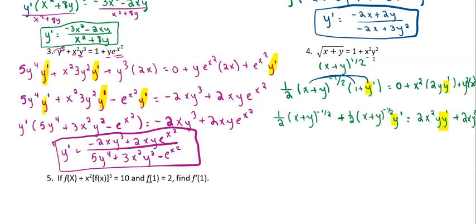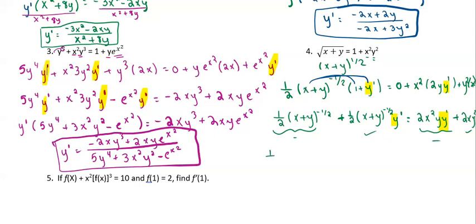So now we need to put them together. The terms that have the y prime are going to go on the left, and the terms that do not have the y prime are going to go on the right. So that means that we need to subtract this one. This one stays where it is. This one we need to subtract, and this one stays where it is. So here we go.